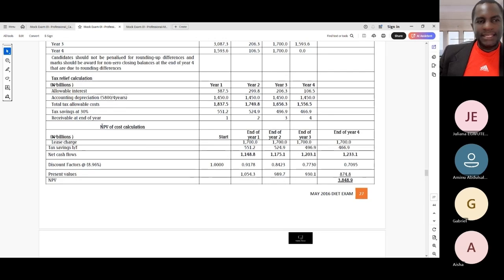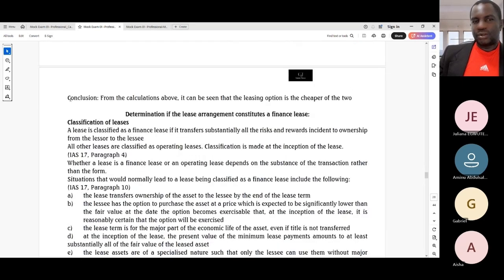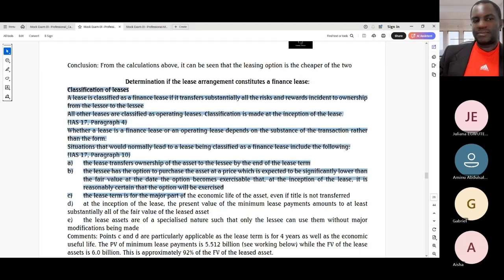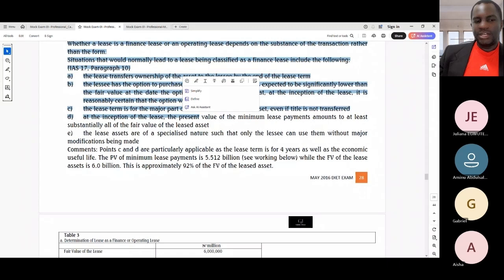So having done this NPV calculation, now there's a brief explanation here on the conclusion. Now you can see from the conclusion that the leasing option is cheaper of the two. And in determining it, we spoke about a brief explanation on the lease. So read it.